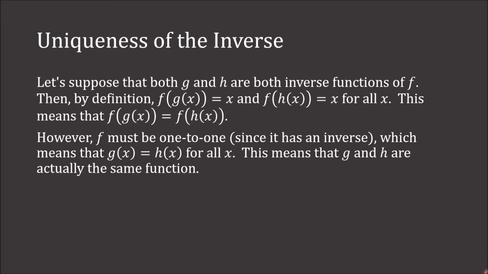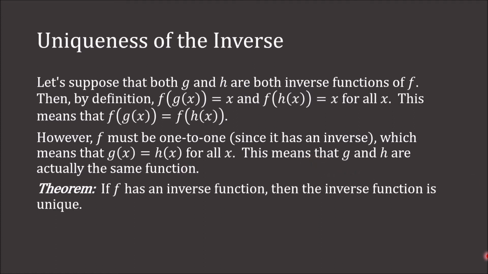However, f is 1 to 1, since it has an inverse, which means that g is equal to h for all x. So this means that g and h were actually the same function all along. And so if f has an inverse function, then this inverse function is unique. So each function has its own unique inverse function, if it has one at all.